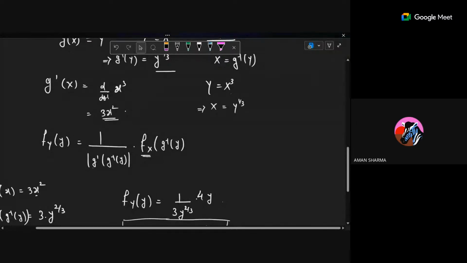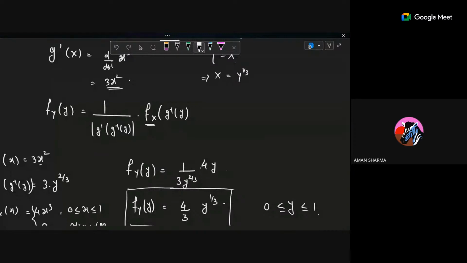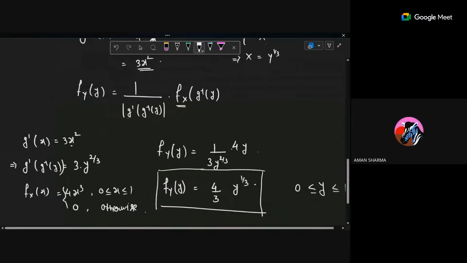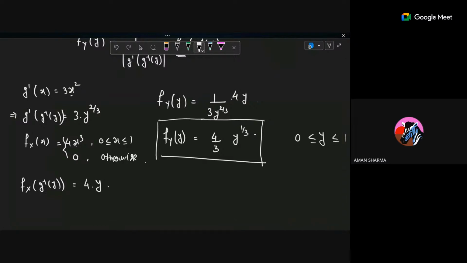There we put the g inverse value in the PDF formula, 4x cube. So there we replace the x value with the y value, yes, y raised to the power 1 by 3. So don't we replace the y value in the range also? Where is the range? 0 less than x less than 1.